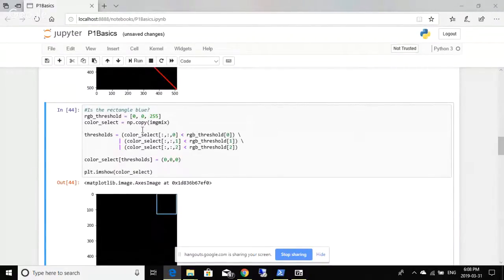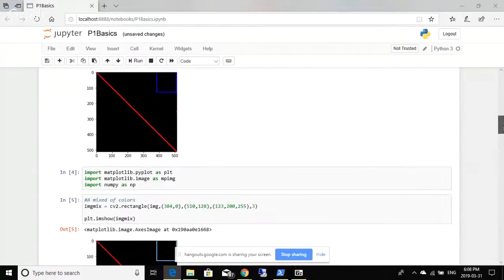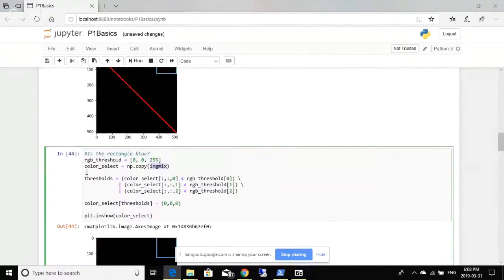Okay, so now here's the filter. This filter is essentially asking whether anything is blue inside this image. The mixed-up image that we had before is being copied. Now plus color select. You might have seen this name before. I'm just representing it again here.